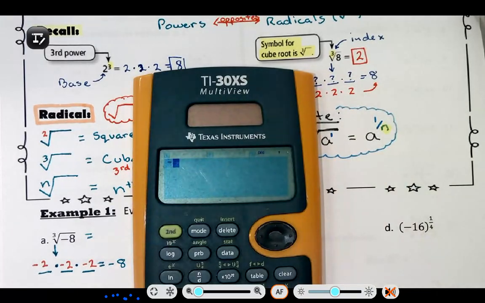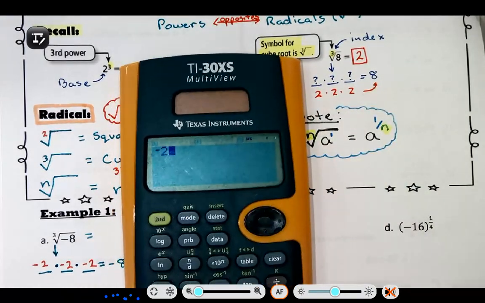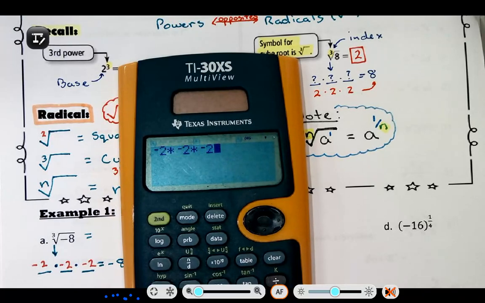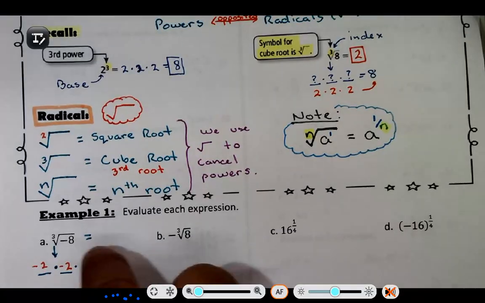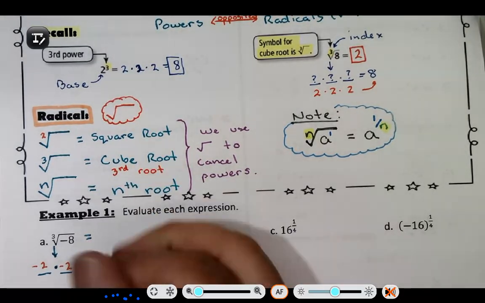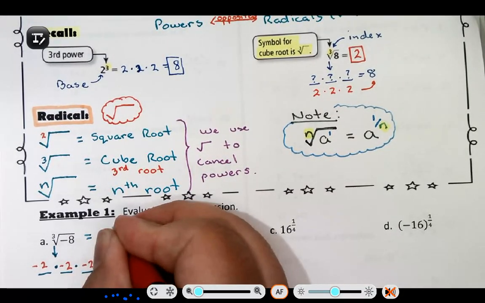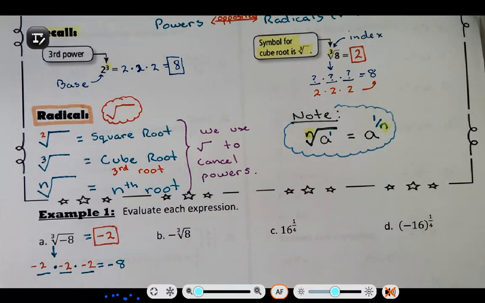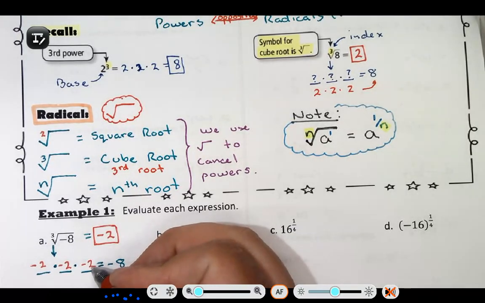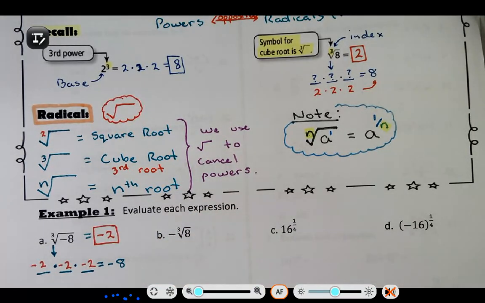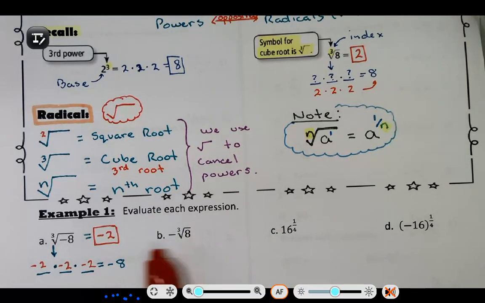We're going to make sure it works. -2 times -2 times -2. Yeah, there it is. So -8. So it does work out. But remember, the only number I'm actually going to write in here is -2. And there's my answer. Okay? So again, we're looking at what's the number that I can multiply to itself 3 times to get that result. Now, when you look at letter B, you might say, hey, they're pretty much the same question.